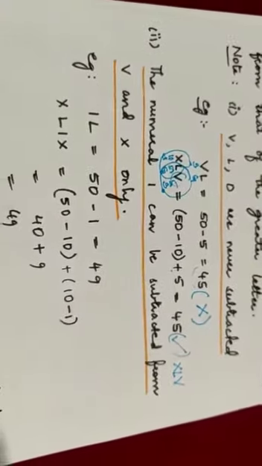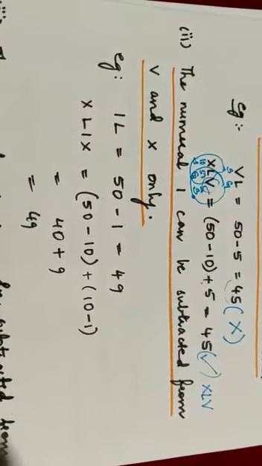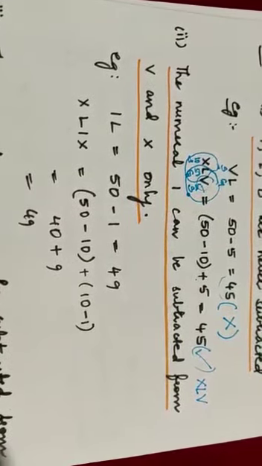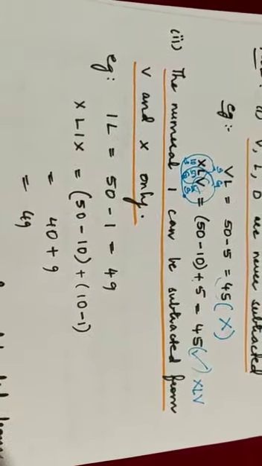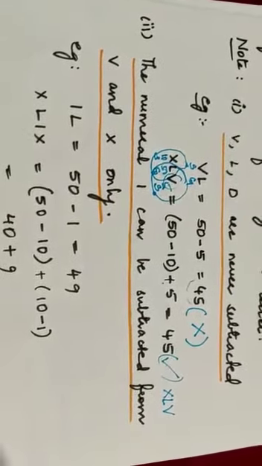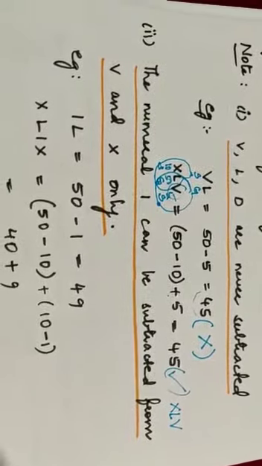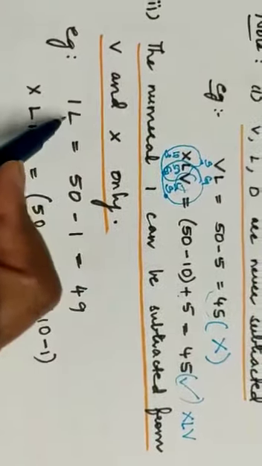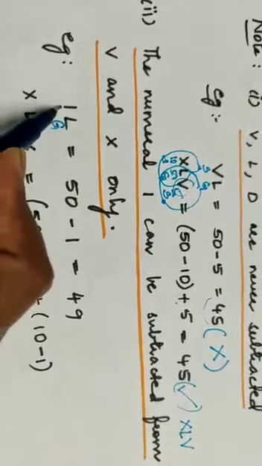Now let us observe note 2. Note 2 is also interesting, children. The numeral I can be subtracted from V and X only. According to the note, let us try one example. This is I and this is L. L is the greater value, I is the smaller value.